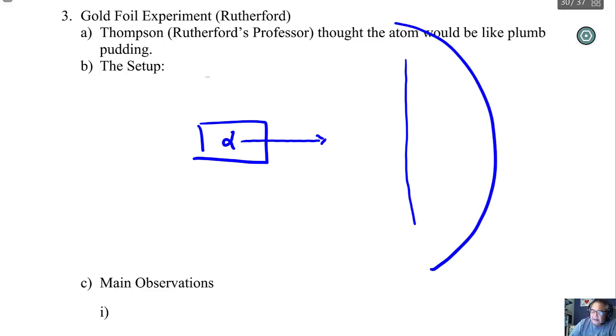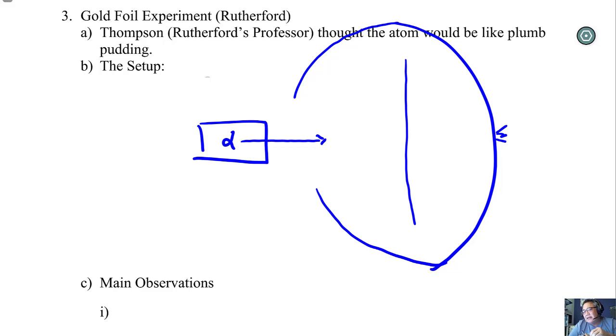So what would happen is, if the gold foil wasn't there, when the alpha particle hit the screen, it had enough energy that it would create a little flash in the back, like that. This screen wrapped all the way around like this, and it's supposed to be a circle, but it's not. The reason he set this experiment up was that his research professor, a guy named J.J. Thomson, the same guy who discovered the electron, believed that the structure of matter was a lot like plum pudding.